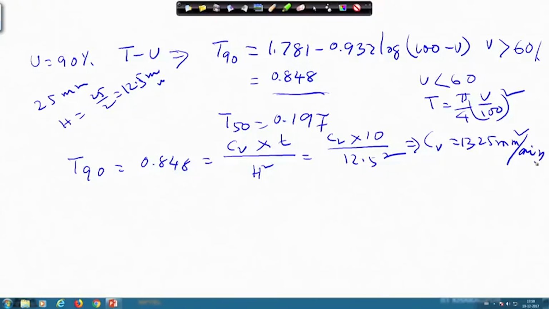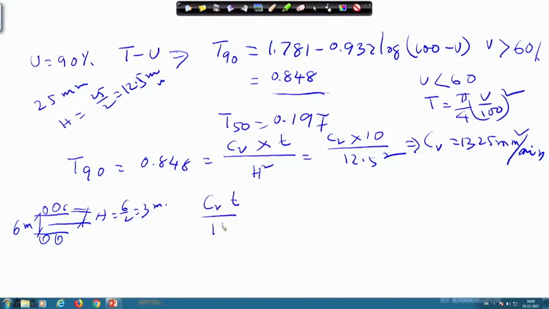Now, in the field, this is the 6 meter thick clay layer, sand is here, sand is here. So, H becomes 6 by 2 equal to 3 meter, and there we know the time, 100 days. Now, I know C V, and T equal to C V t by H square.